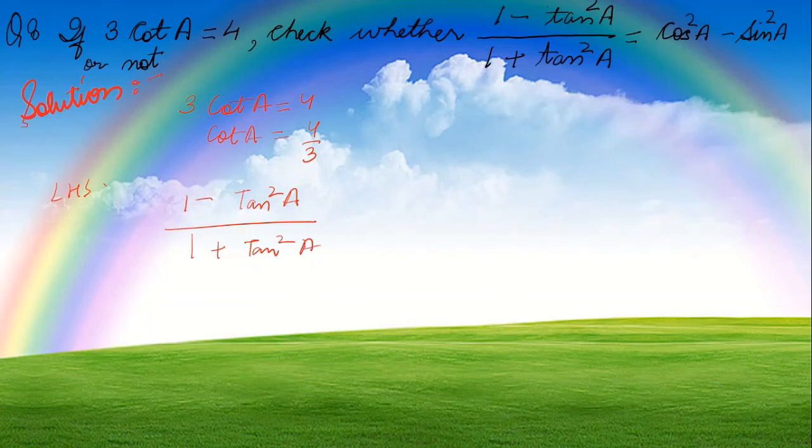Okay. Now draw one triangle. Okay, this is A, B and C. Then here cot A is 4 upon 3. Cot is reverse of tan. So it is base upon perpendicular.